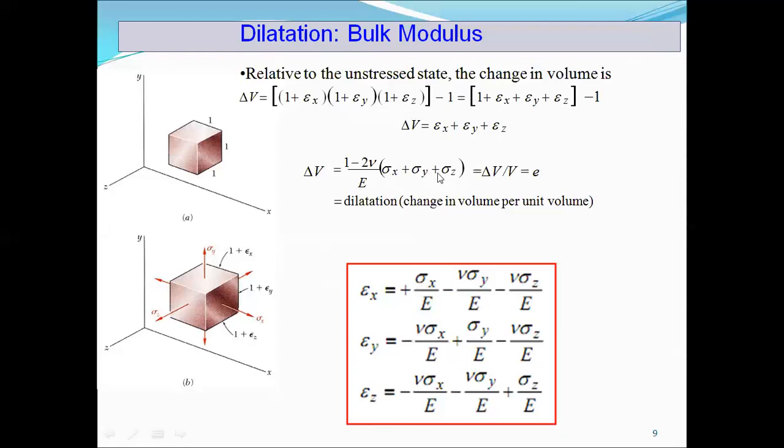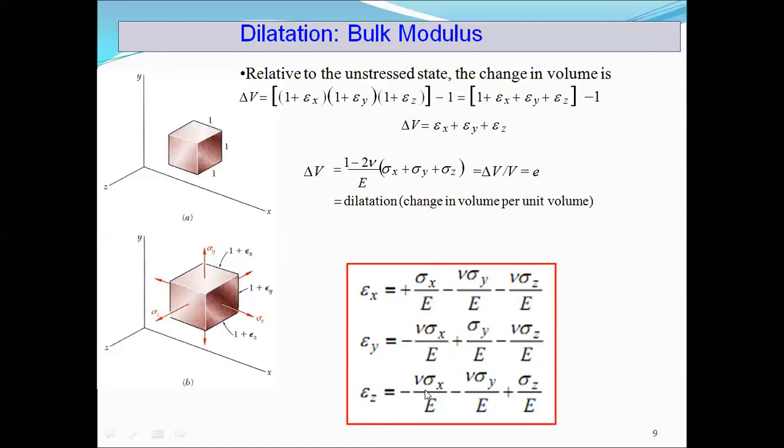We have already found these analytical models for epsilon x, epsilon y, and epsilon z in the case of general loading. So plugging these into this equation for delta V, the change in volume, putting for epsilon x this, for epsilon y from this equation, and for epsilon z from this equation.